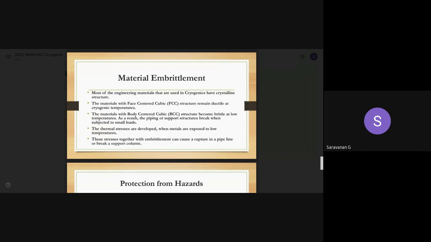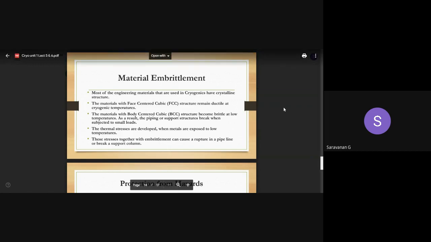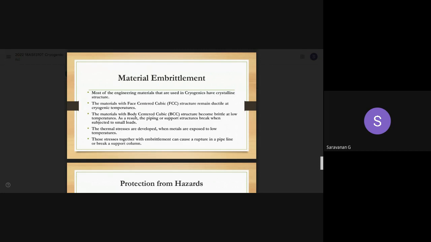So whenever a load is applied on the system transporting the fluid or the piping system, even a small load tends to break down the structures. Thermal stresses are also developed whenever the materials are exposed to low temperatures. That is also a possible case. Because of the stresses and the breaking of the system, it causes material embrittlement.